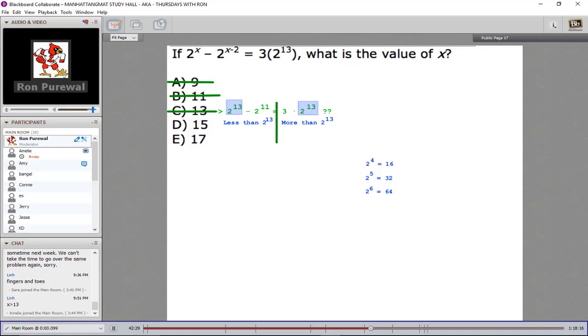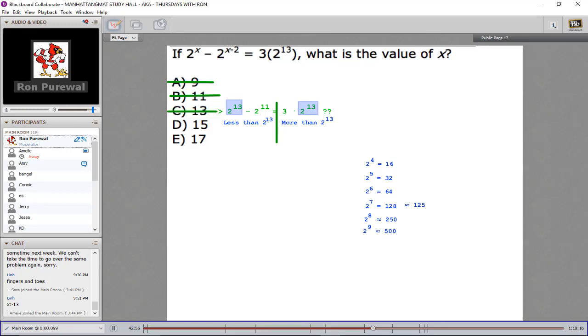If you have a great memory, you could try to memorize these, but it's not terribly necessary because it's not that hard to just calculate it. This is approximately 125, so 2 to the 8th is approximately 250. 2 to the 9th is approximately 500.